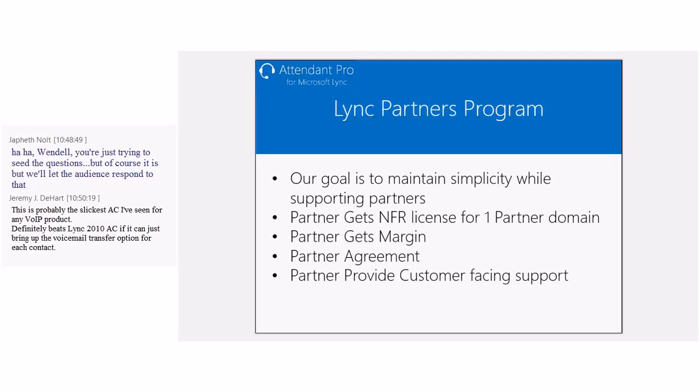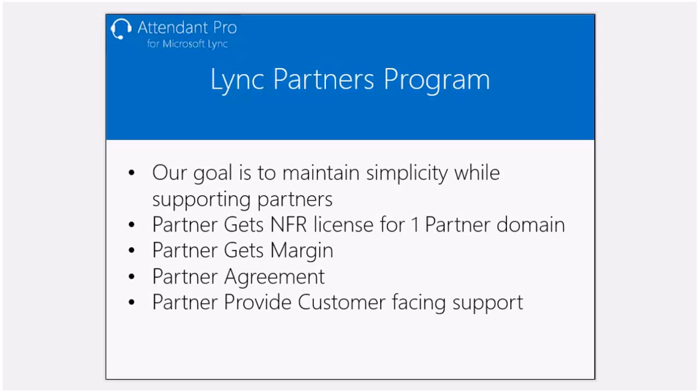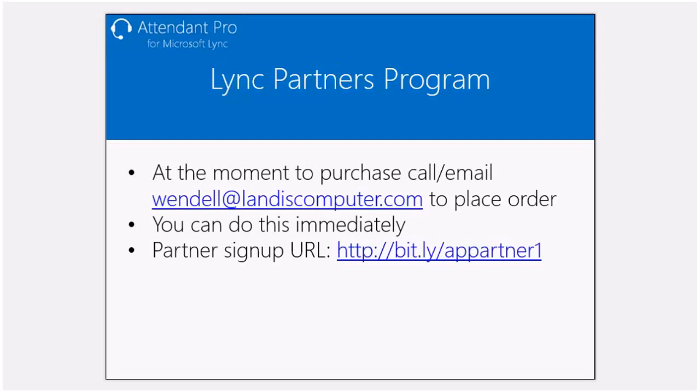So this is what we plan to provide to partners to support them in providing Attendant Pro to their customers. If a partner would like to purchase Attendant Pro at the moment, the first thing you want to do is sign up for the partner program, which we have a URL there on the screen, bit.ly/APPartner1.